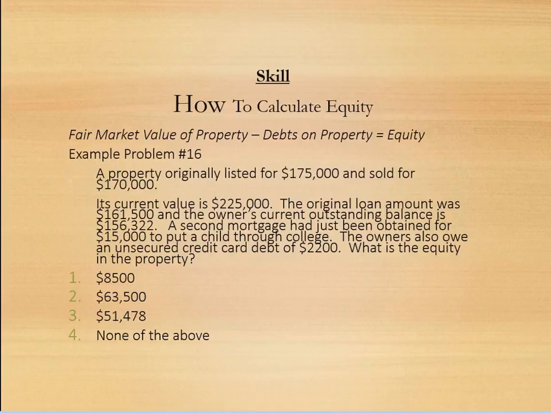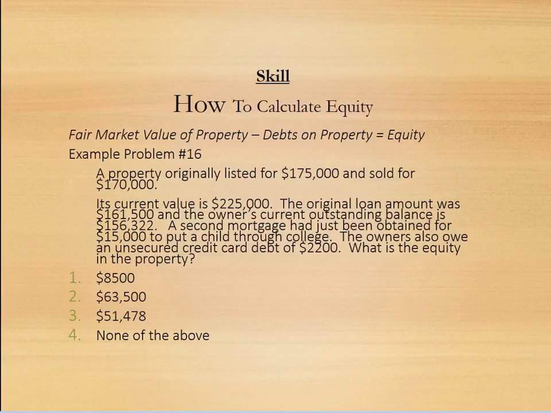When it comes to equity, remember, the actual formula is the fair market value minus the debts. So in this example, a property originally listed for $175,000 and sold for $170,000. If its current value is $225,000, the original loan amount was $161,500, and the owner's current outstanding balance is $156,322.